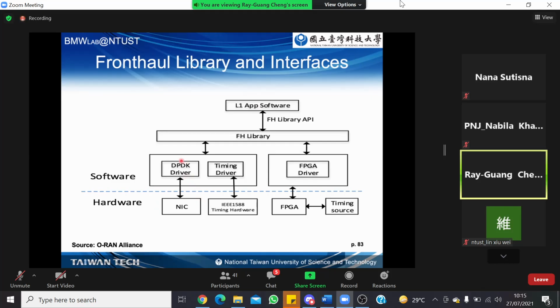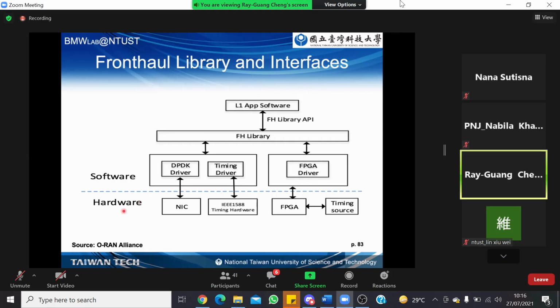Here, they will use DPDK. DPDK is a zero copy concept. They want to speed up the transmission between different layers. They put the data in memory, so you don't need to copy it from layer to layer, which reduces the processing time.